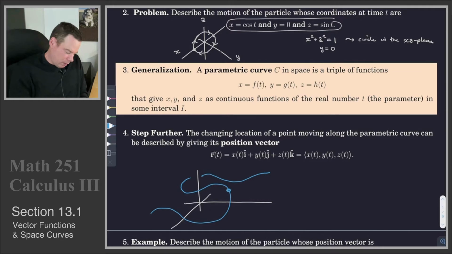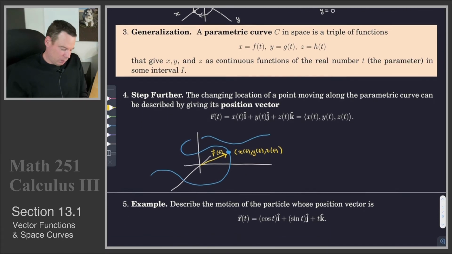For a given point along that curve, we can describe it by using its position vector. Its position vector would be r of t, and that gives us the position vector for this point, x of t, y of t, z of t. So here we are thinking of the triple as both representing the coordinates of the point, but also as the components of the position vector for that point.